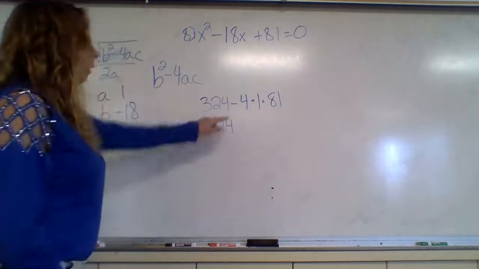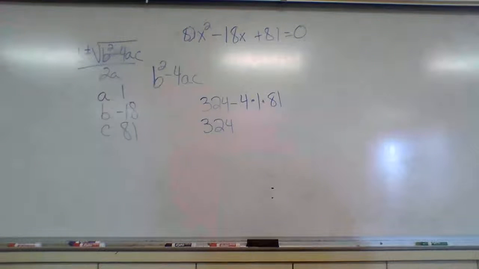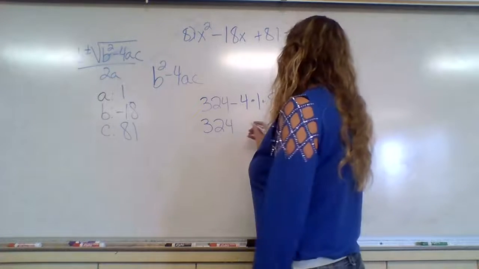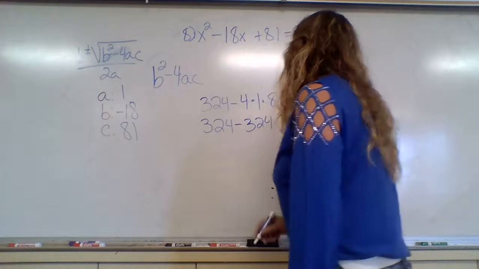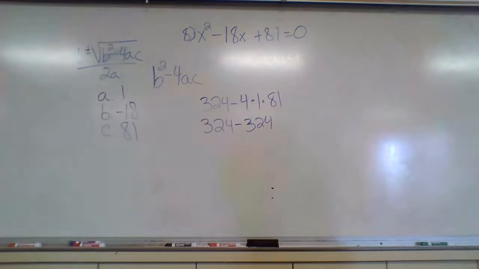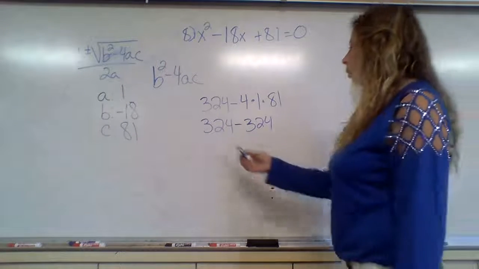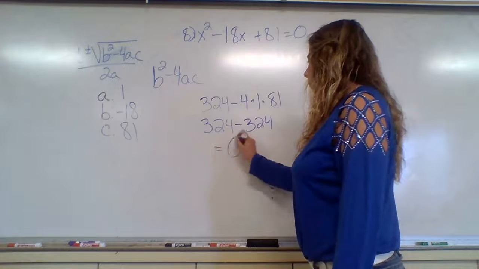All right, and then you have negative 4 times 1 is negative 4. And then you have 81 times negative 4. Oh, okay. Which is 324 minus 324. Does that make sense? Right, so 324 minus 324, 0.